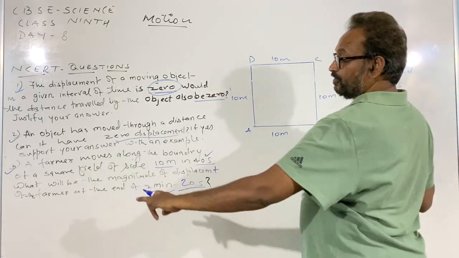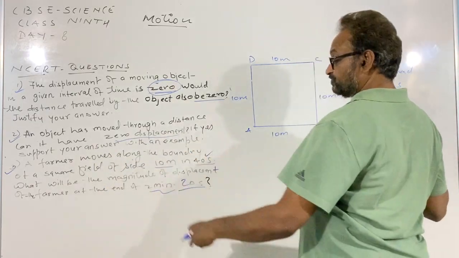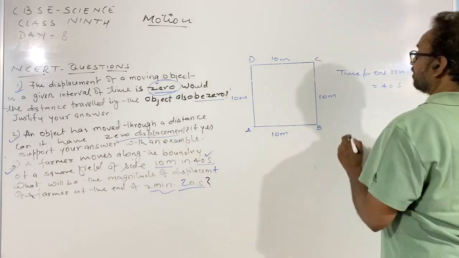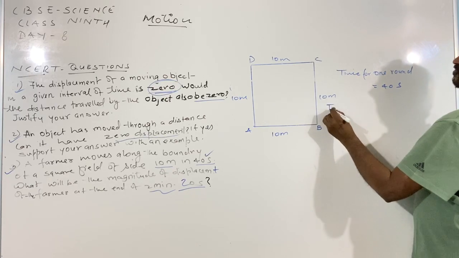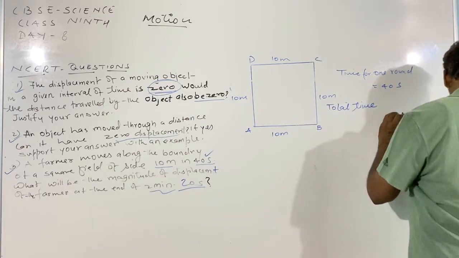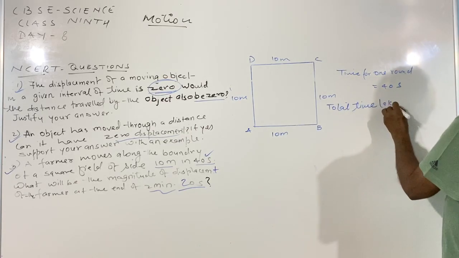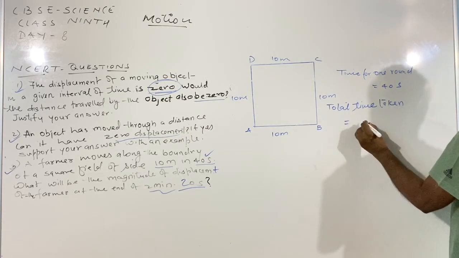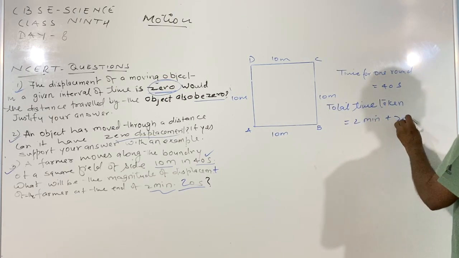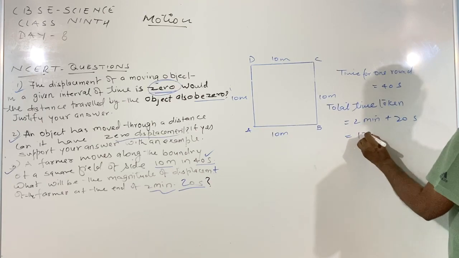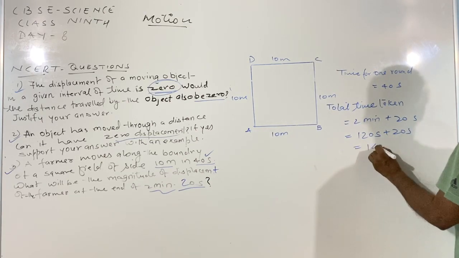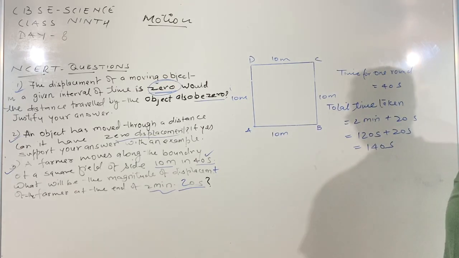Now he moved for 2 minutes and 20 seconds. Therefore, total time taken is equal to 2 minutes plus 20 seconds, that is 120, that is 140 seconds.